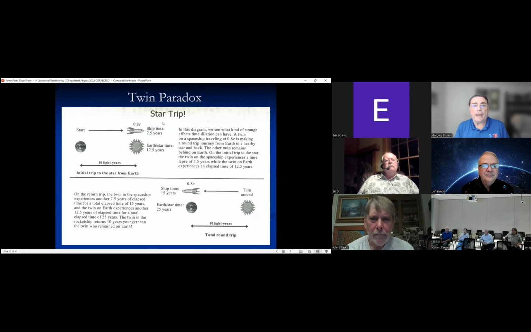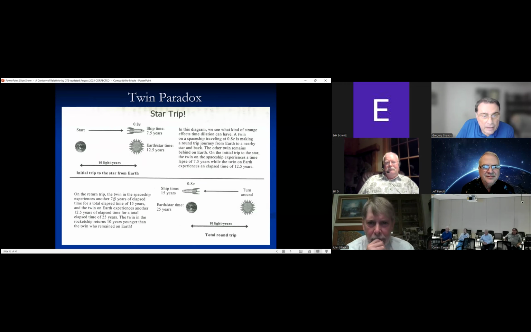So twin paradox. So here's another example here. If you're traveling 80% of the speed of light to a distant star, it takes you 7.5 years, and then you turn around and go back, and the distance is 10 light years here. The elapsed time is 12 and a half years.